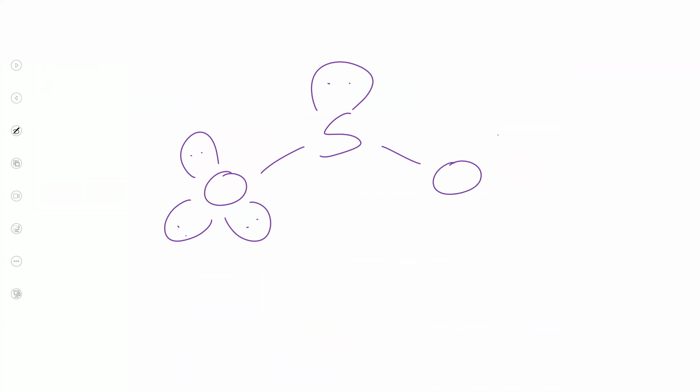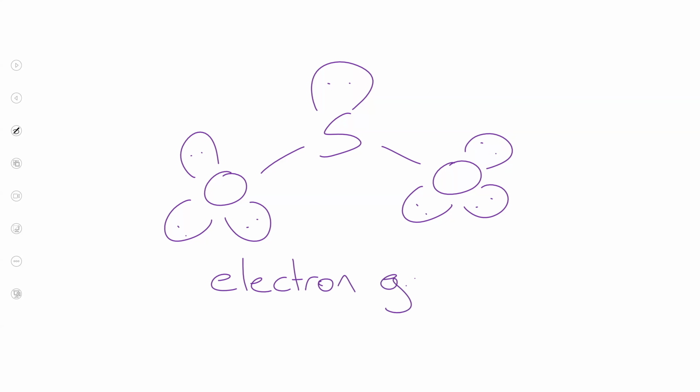This isn't the best possible Lewis dot structure, but it is a Lewis dot structure for this molecule. You've got three things taking up space around the sulfur. Its electron geometry is trigonal planar.